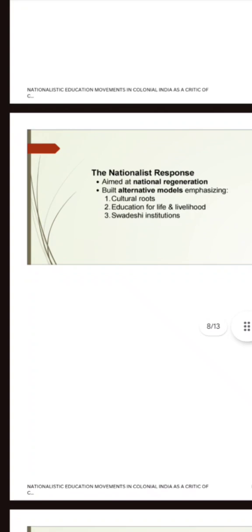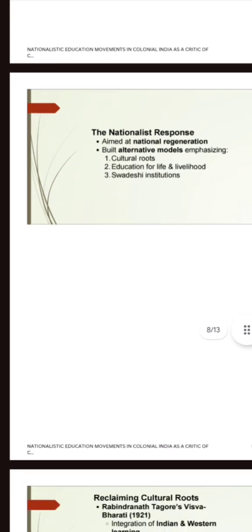Then the next one is the nationalist response. It aimed at national regeneration and built alternative models emphasizing cultural roots, education for life and livelihood, and Swadeshi institutions.